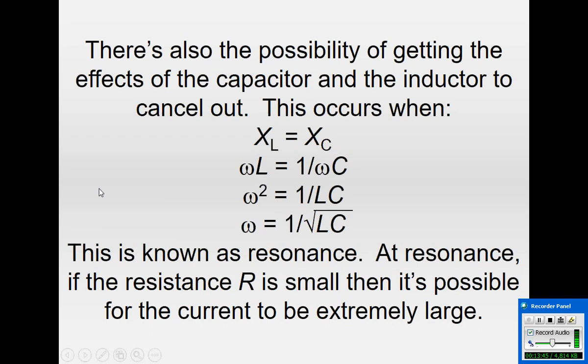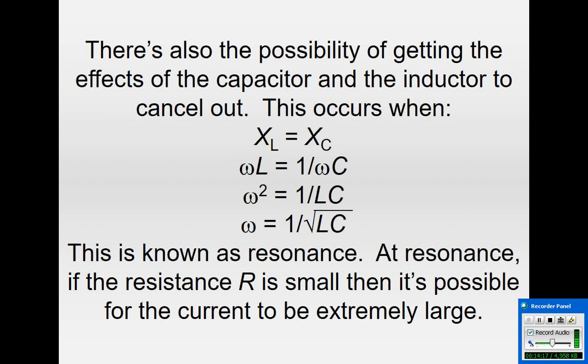There's one very important situation in RLC series circuits, and it arises from the fact that the voltage across the inductor and the voltage across the capacitor are always exactly opposite to each other. Because both depend upon frequency, it turns out that there is a frequency at which VL and VC will always exactly cancel out.